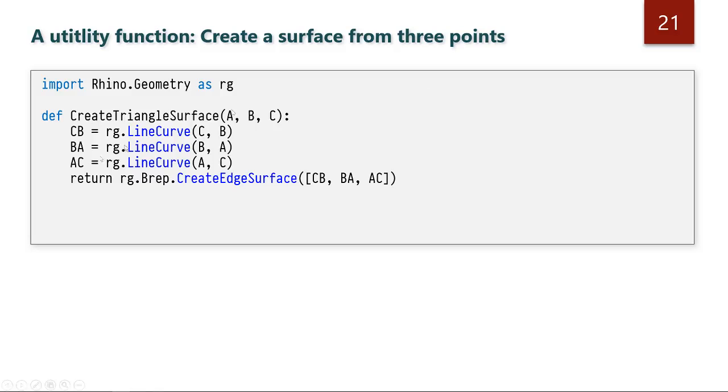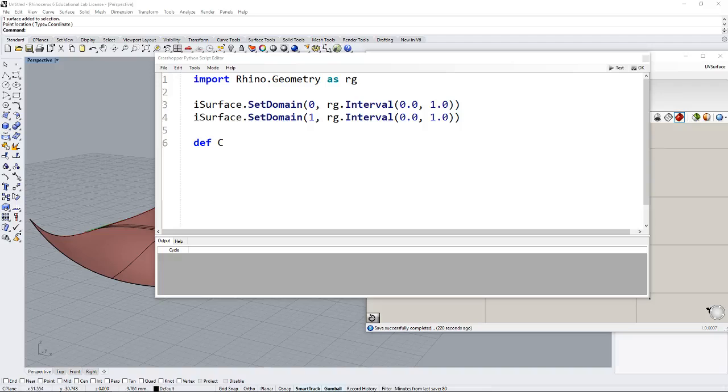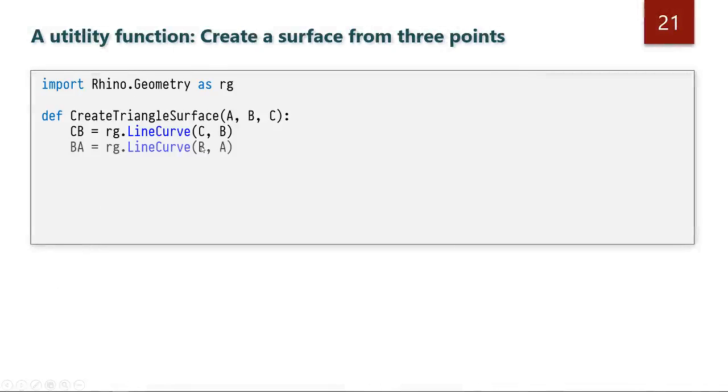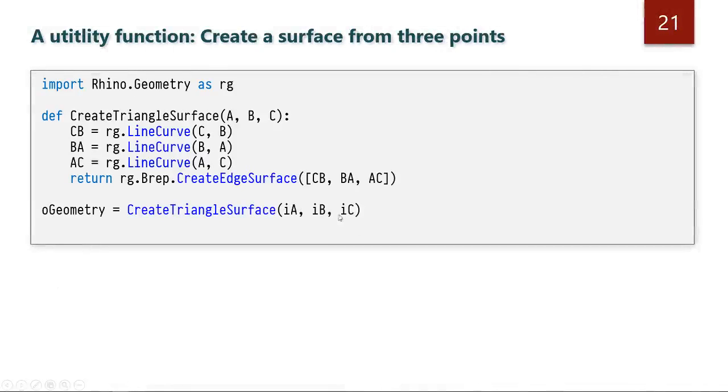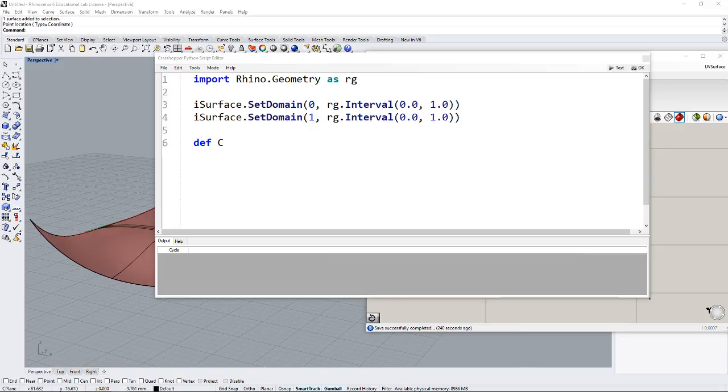All right, this whole function will get you a Brep and it will return it, so the return keyword should be blue. All right, and then we run this function for the 3 input points IA, IB, IC. Now we don't have IA, IB, and IC, so for testing, let's just do rg.Point3d and put in some random coordinates just for testing, right?